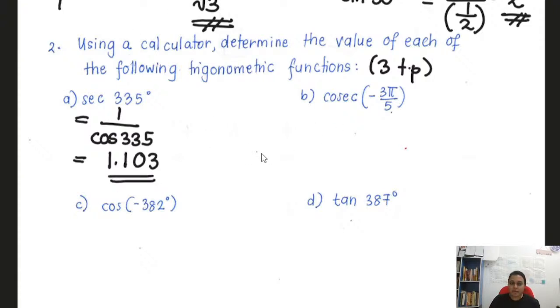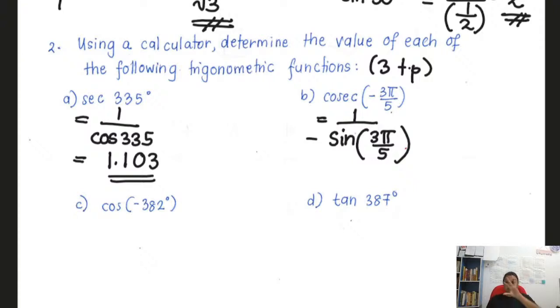Okay, B, change this first. Cosecant, tukar kepada sin. 1 over sin, negative put in front, 3 pi over 5. The negative is actually not for the angle, it's for the quadrant.